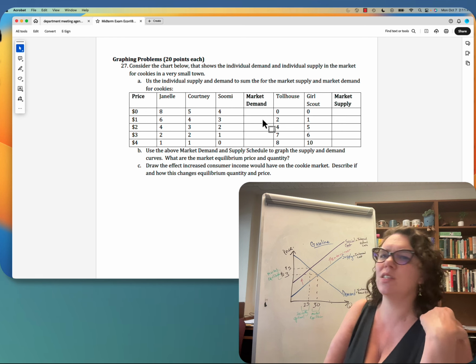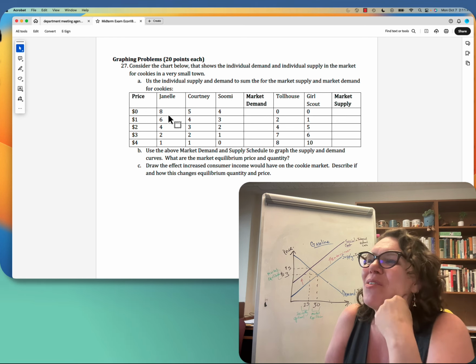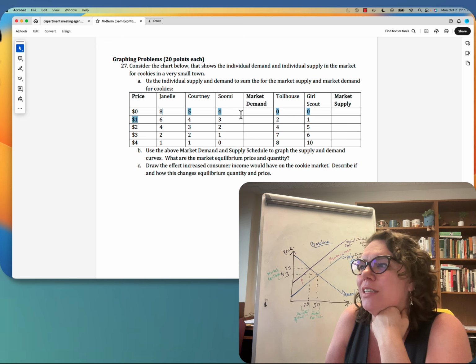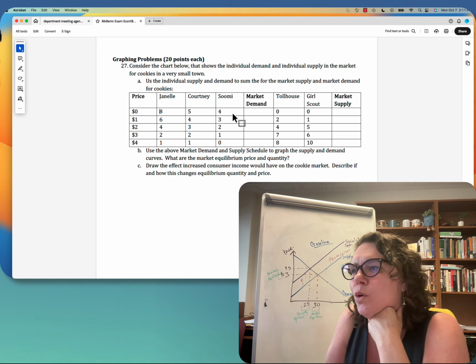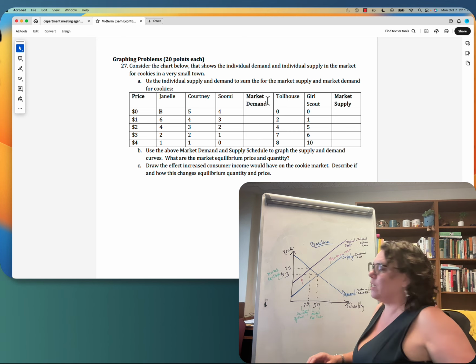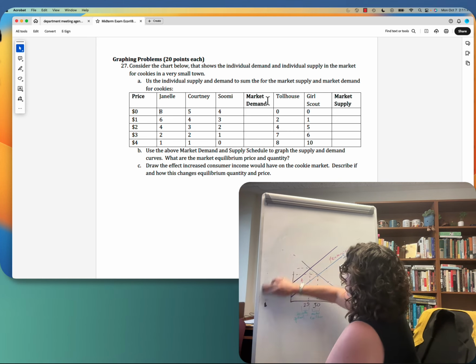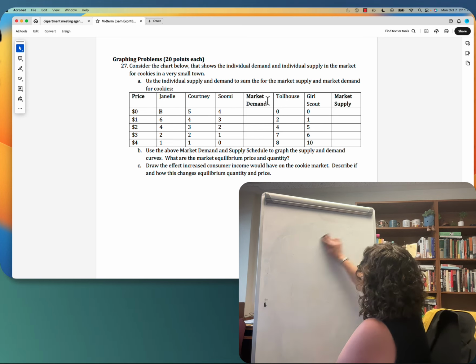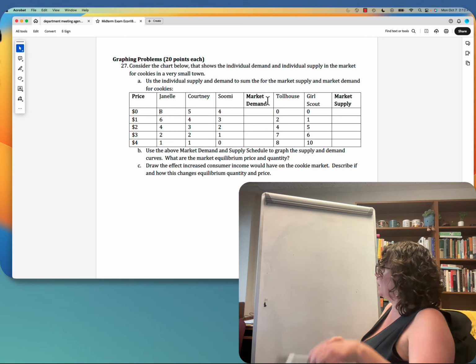Oh, it's a PDF, that's why. So we would add up at a price of 0, how much the market demands. And so we have Janelle wants 8, Courtney wants 5, Sumi wants 4. So that's going to give us a market demand of 17. And then we just keep going and adding up along those lines.